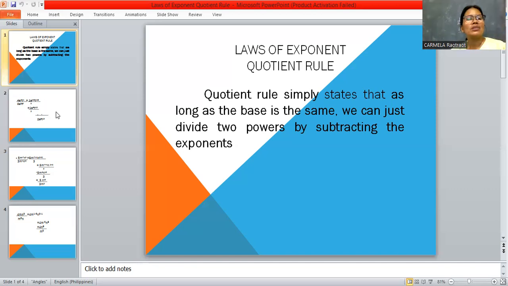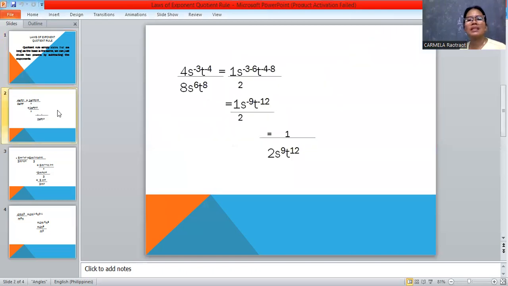Okay, so let's have an example. The example is 4s raised to the power of negative 3, t raised to the power of negative 4 over 8s raised to the power of 6, t raised to the power of 8. The first thing that you are going to do is find the GCF of 4 and 8.